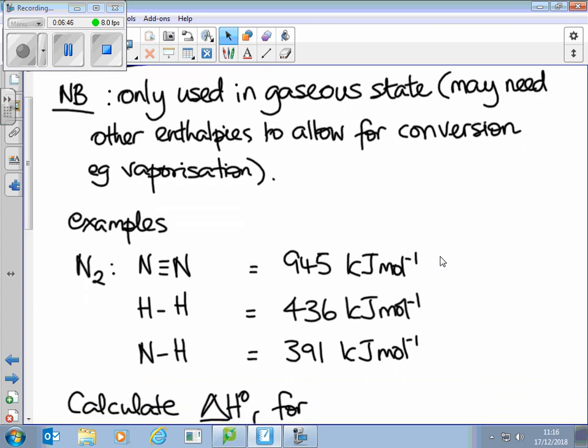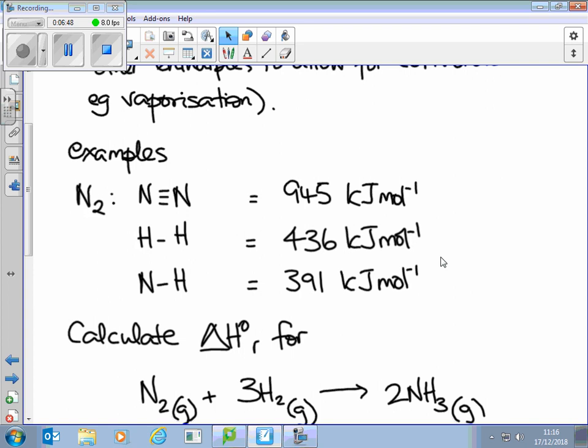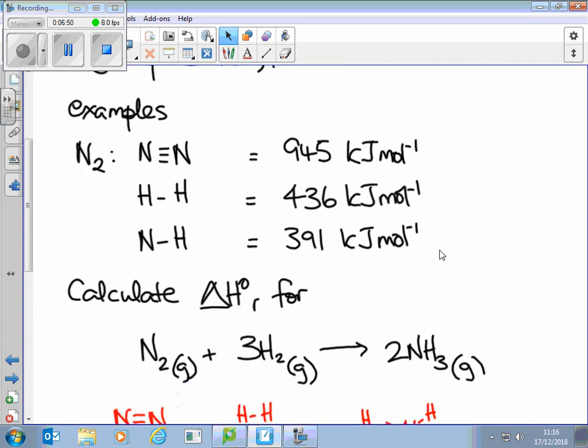This was the example we looked at, the reaction between nitrogen and hydrogen. Looks like I hadn't quite finished it off, actually. I put N2 is an NN triple bond, H2 was an HH single bond, and then we've got N to H bonds. And those were the bond enthalpies that we find in those bonds.